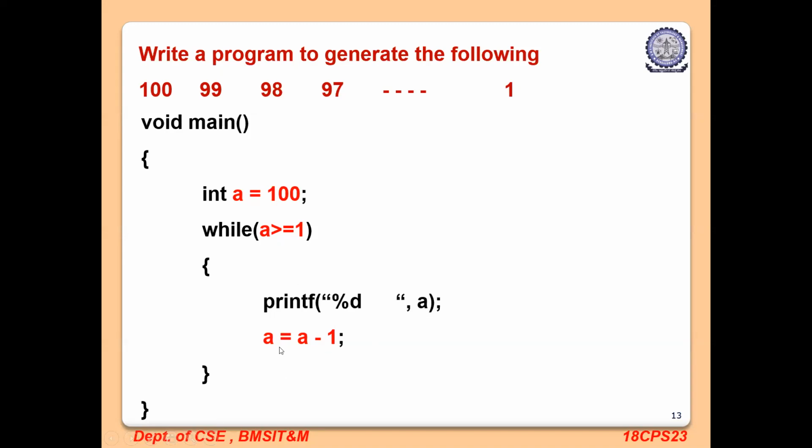Even for 1 it will work. Once A is reduced to 0, it goes back, checks 0 greater than or equal to 1, it fails. When the condition fails, it evaluates to false, and then the control comes out, and the printing of values will stop here.